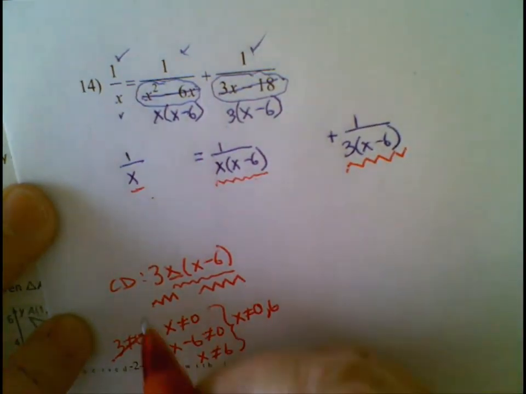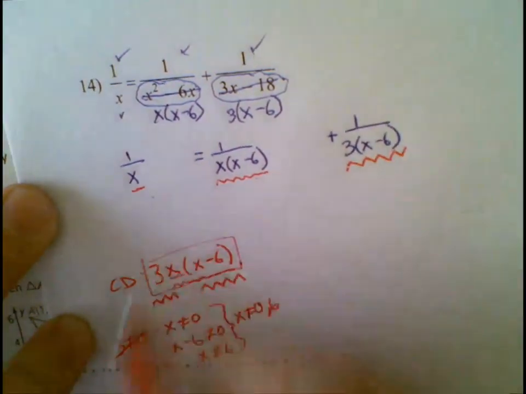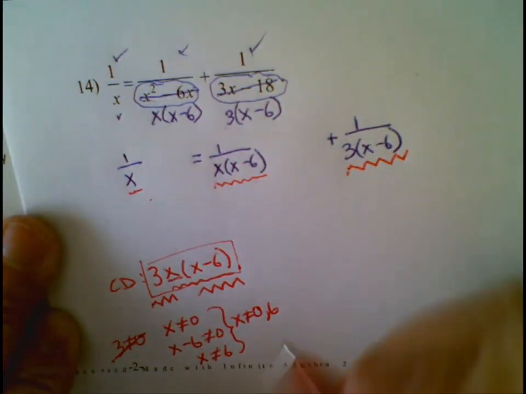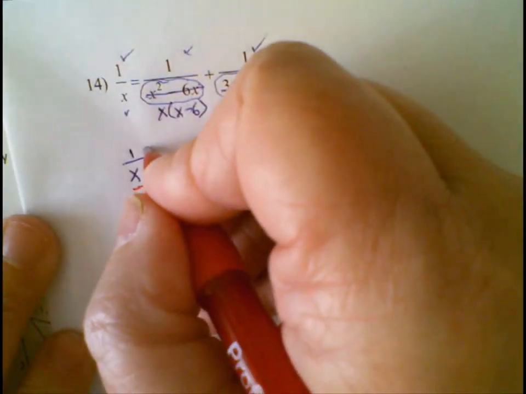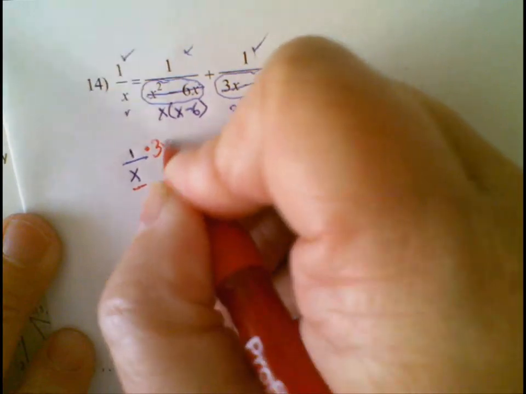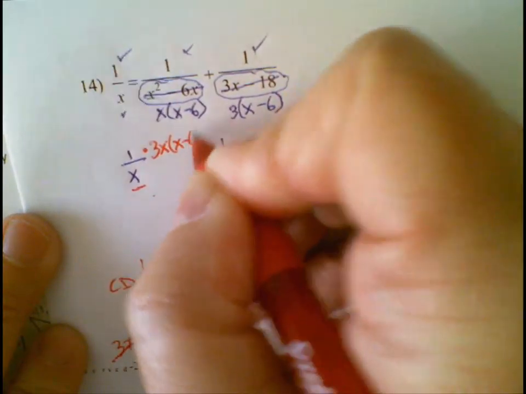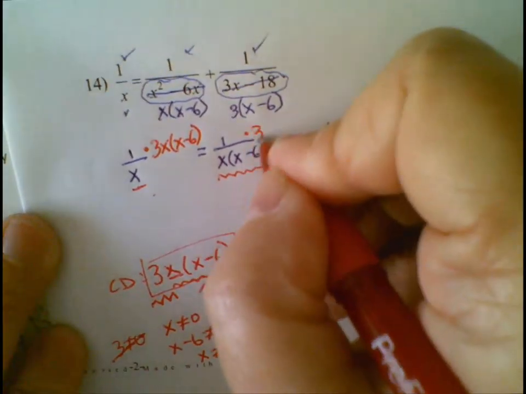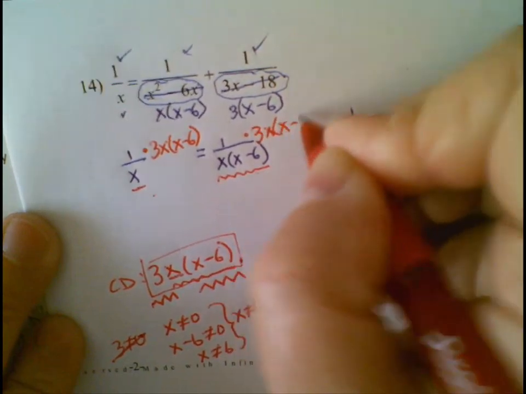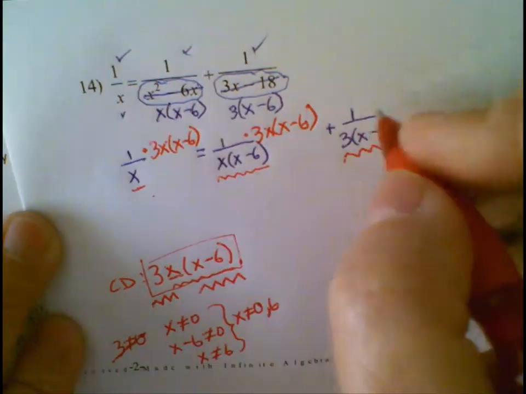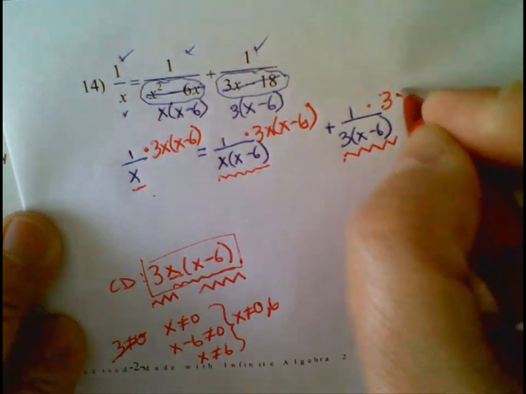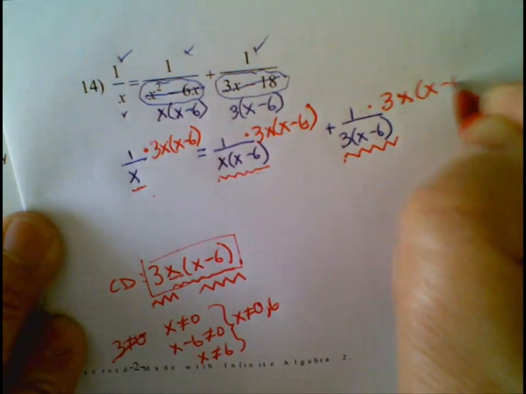So this common denominator has to now multiply by each of those fractions. So 3x, x minus 6, right there. And 3x, x minus 6, right there.